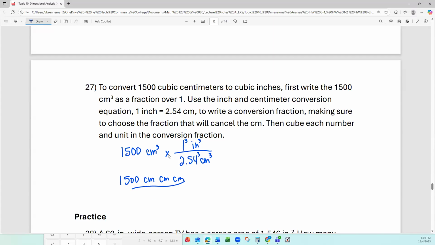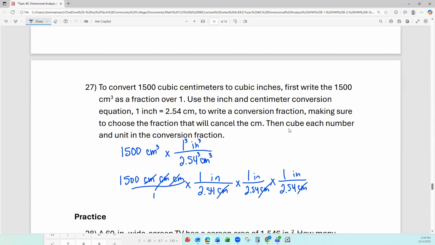Or if I write out the centimeters 3 times, then when I do the 1 inch and the 2.54 centimeters, that cancels 1 of them, and I need to do it again. 1 inch over 2.54 centimeters, cancel another centimeters, and do it again to cancel the last centimeters. Then I have inch times inch times inch, which is cubic inches.